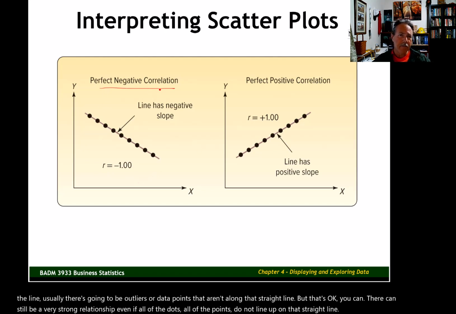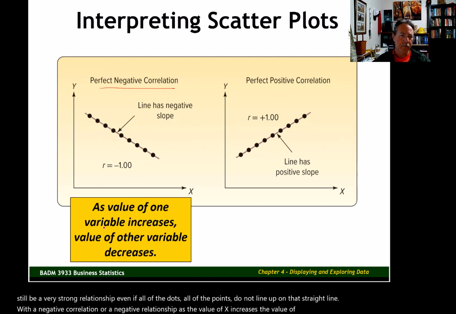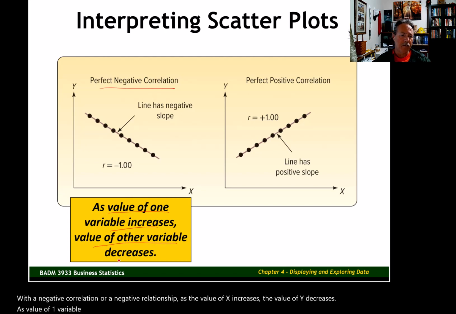With a negative correlation or a negative relationship, as the value of X increases, the value of Y decreases. As the value of one variable increases, the value of the other variable decreases. On the right, we have an example of a perfect positive correlation.